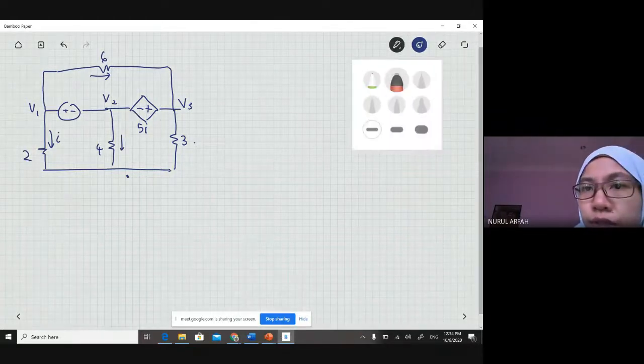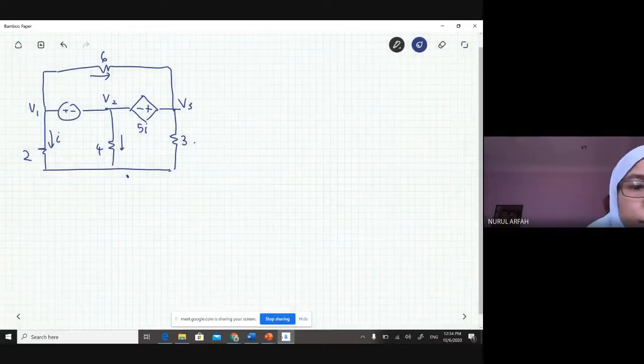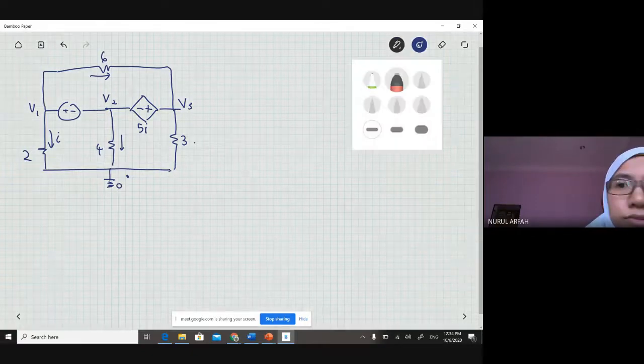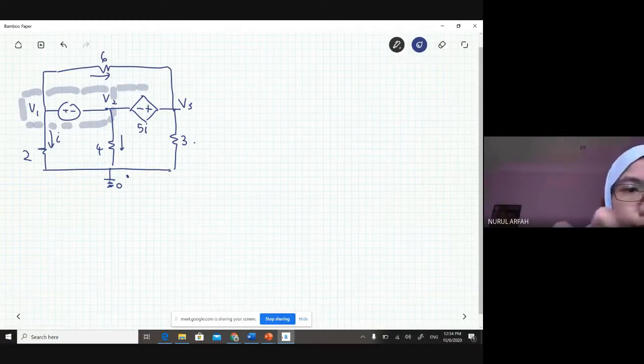So where is our supermesh? If this is the ground, we can consider individually something like this and also something like this. But you can actually combine this.